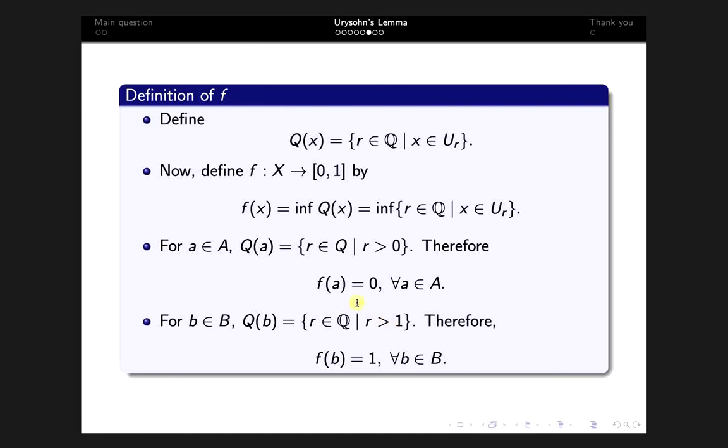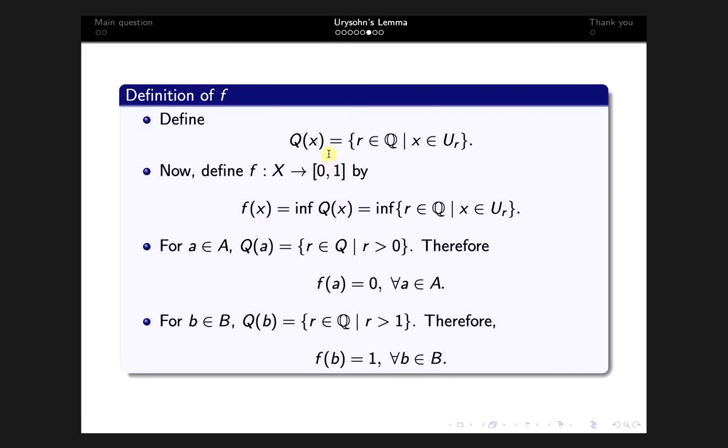So first, for little x belonging to the topological space X, we define Q(x) to be the set of all rationals R such that x belongs to U_R. Now we define f, a function from X to the closed interval [0,1], by f(x) equal to the infimum of Q(x).